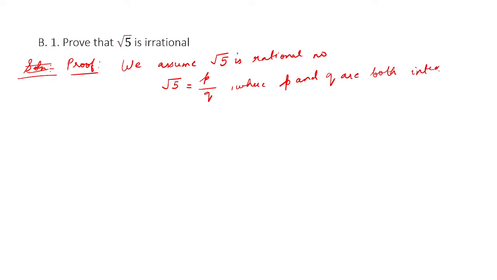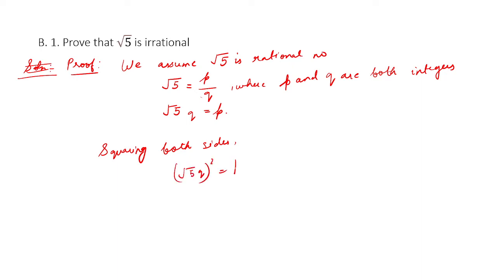Remember this statement, okay, both integers. Much more than remembering, try to understand what rational numbers are. So I'll just take this q to the left hand side: root 5 into q equal to p. Squaring both sides, 5q the whole thing square equal to p the whole thing square.